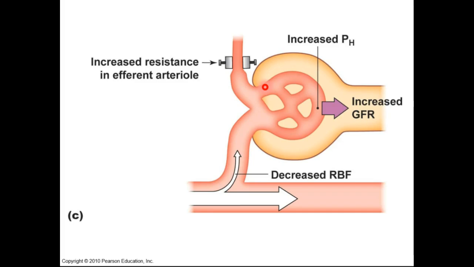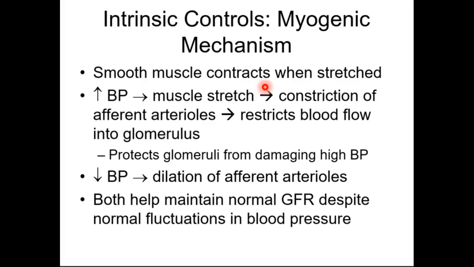So literally all that the kidneys have to do in response to blood pressure changes is constrict either the afferent or efferent arteriole. And that's the myogenic mechanism. Both of them are the myogenic. So what it's doing in response to is changes to blood pressure.